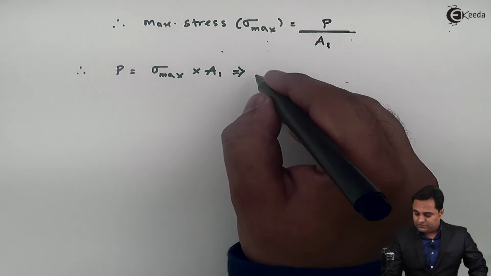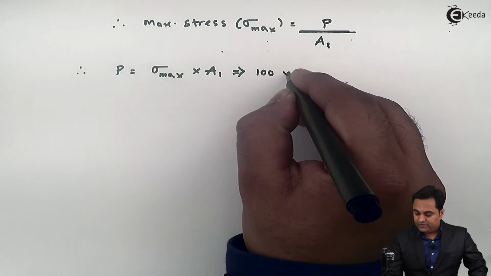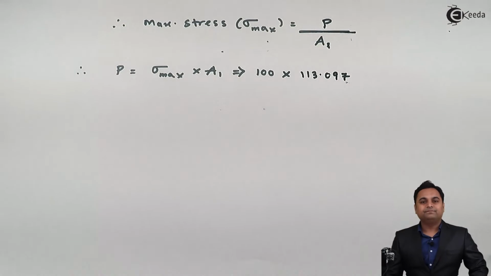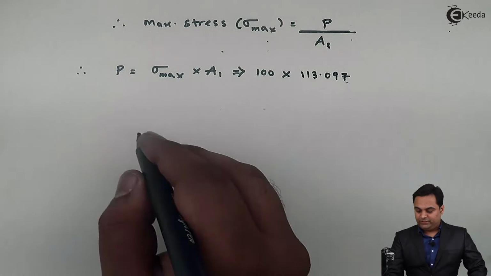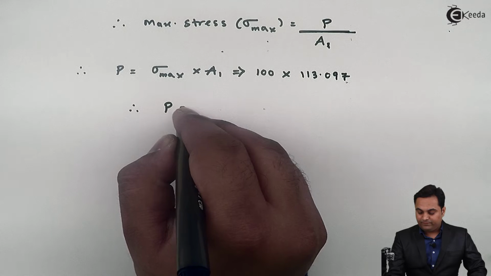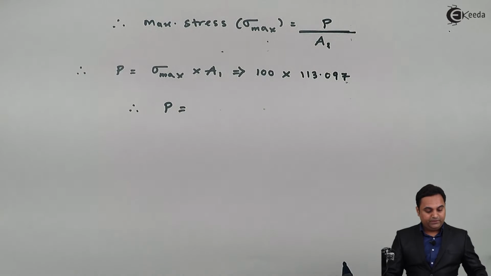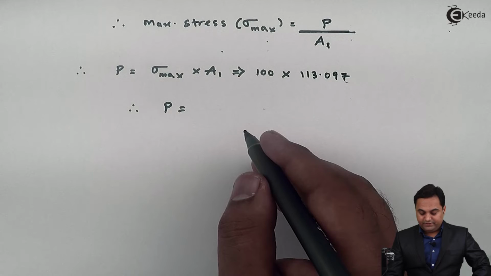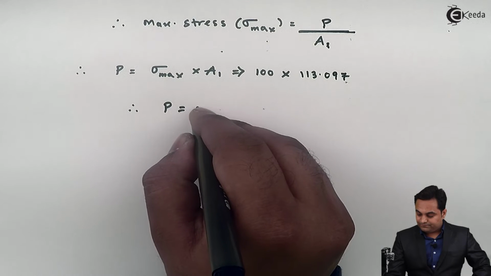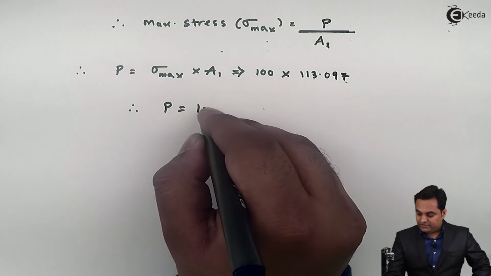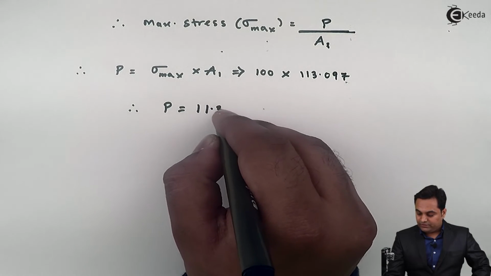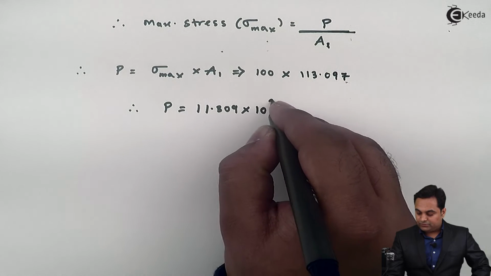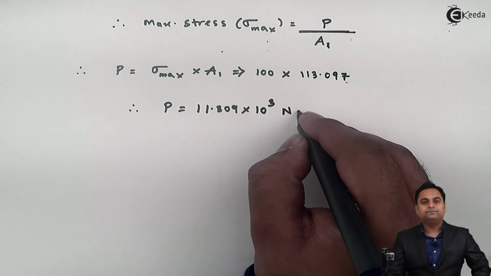Here in this problem sigma max is given as 100, area 1 is 113.097. So therefore the value of P comes out to be 11.309 into 10 raised to 3 Newton.